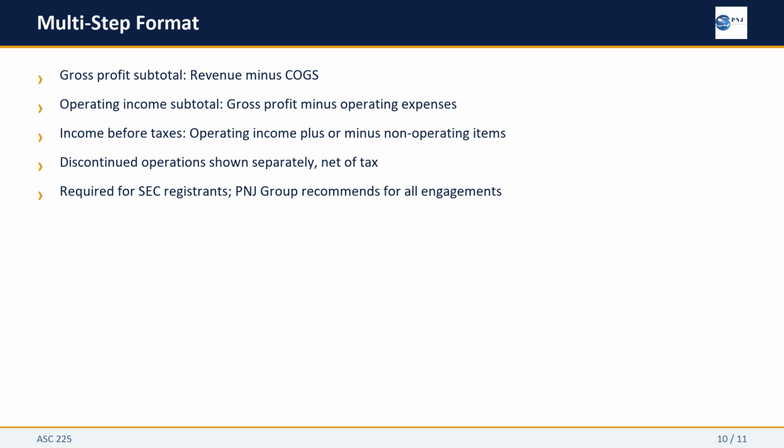Even if a client prepares single-step internally, SEC registrants must present multi-step or separately disclose operating income. PNJ Group recommends multi-step for all engagement work. It is the professional standard, and it protects against misclassification going undetected.